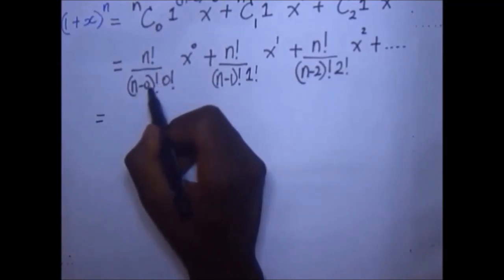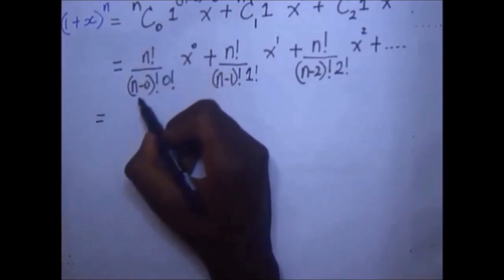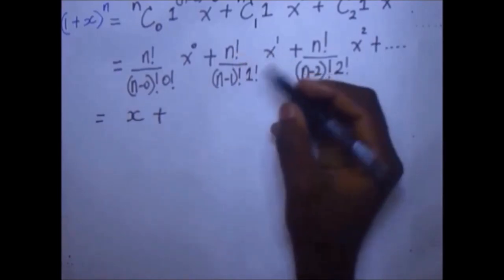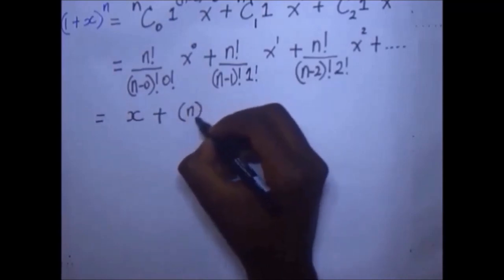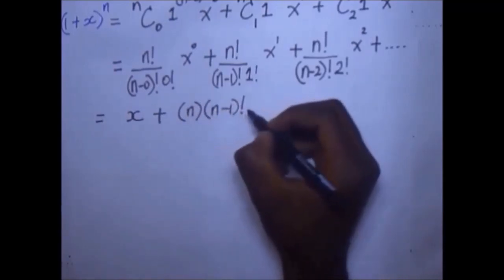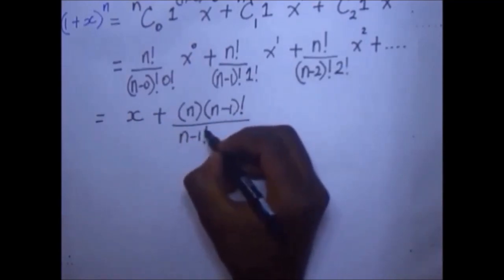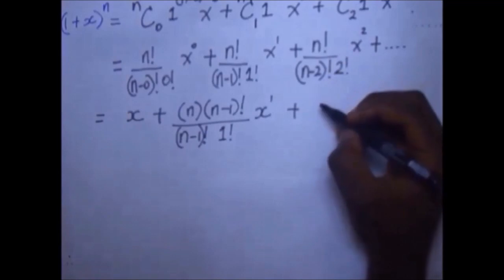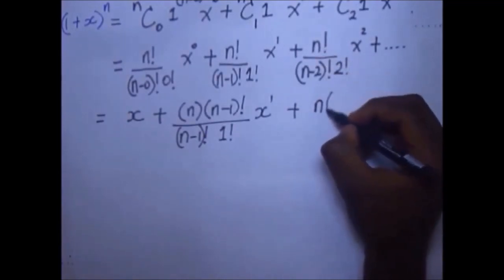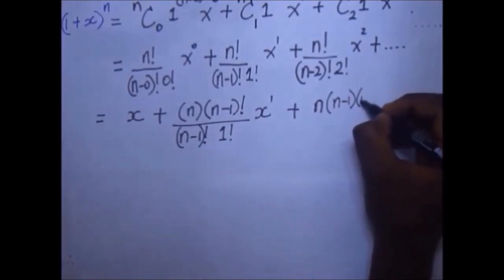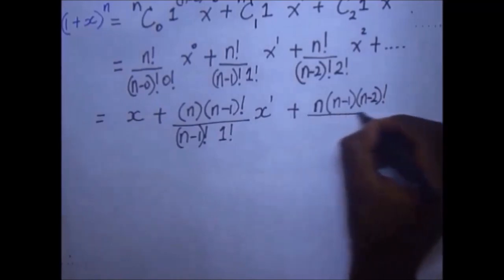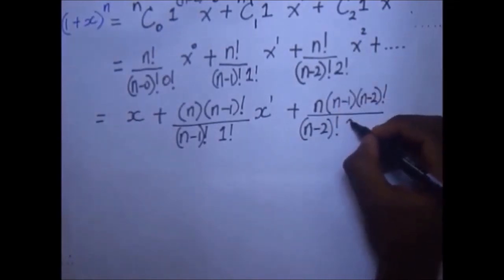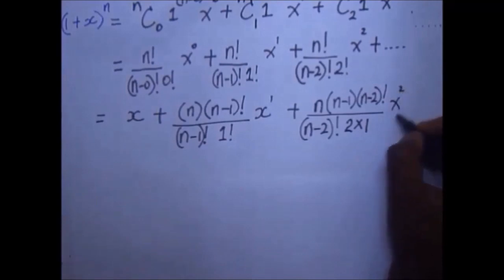Zero factorial is 1, n minus 0 is simply n, so n factorial and this will cancel out. 0 factorial is 1, so here it's going to become x plus n times n minus 1 factorial over n minus 1 factorial times 1 factorial x to the power 1, plus n times n minus 1 times n minus 2 factorial over n minus 2 factorial times 2 factorial. 2 factorial is simply 2 times 1, that is x squared, and so on.